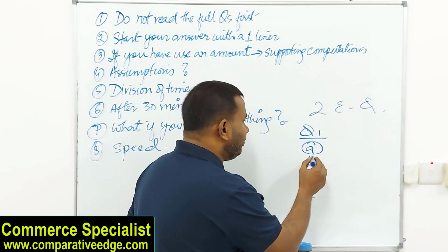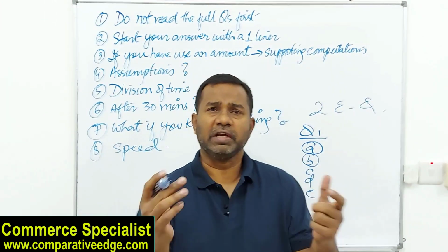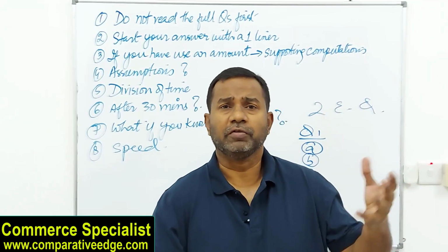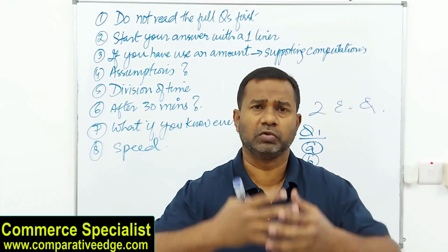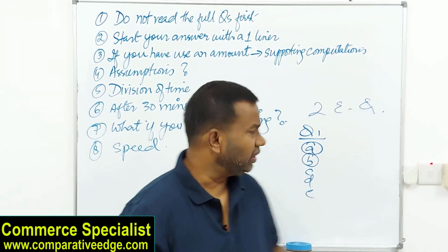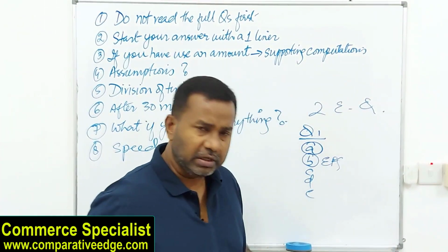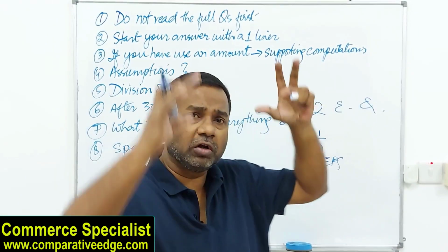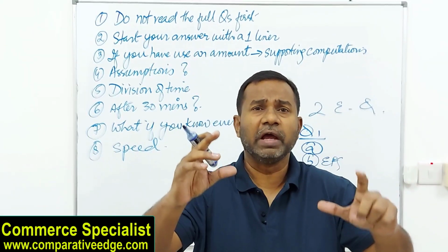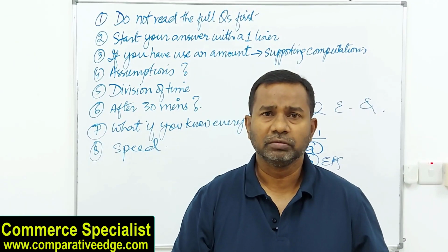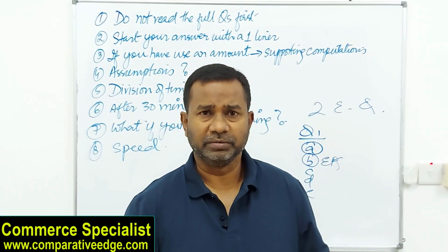What if in part B they're asking you to calculate EPS? For EPS, you need the number of shares, you need income and many other details. So when you know that in part B you are asked to calculate EPS, then you read the paragraphs, find the relevant information, highlight it and use it in your calculation. I hope you understand my point.